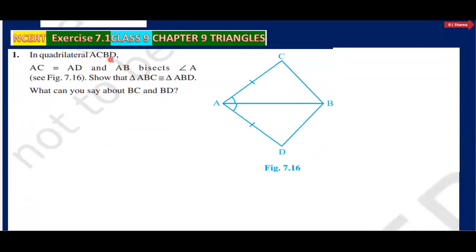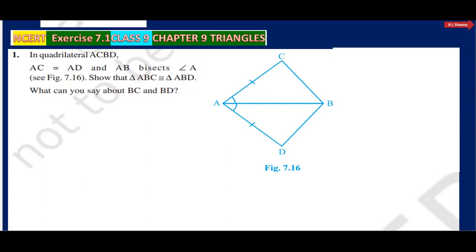In the quadrilateral ACBD, A, C, B, and D, it is given that AC is equal to AD and AB bisects angle A. Bisects means divide into two equal parts. And we have to show that triangle ABC is congruent to triangle ABD.